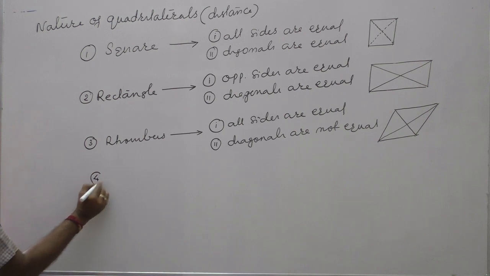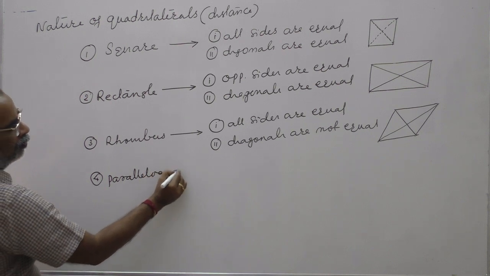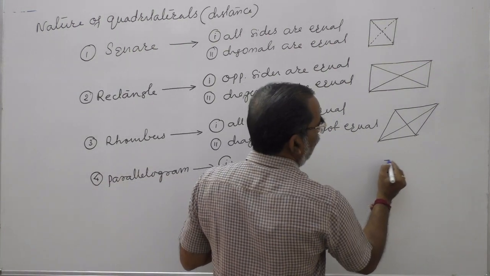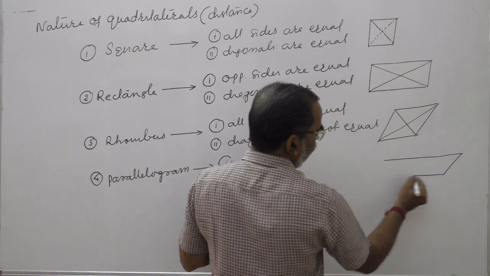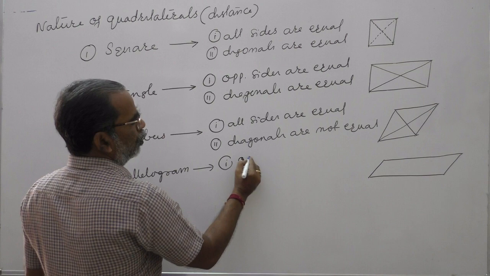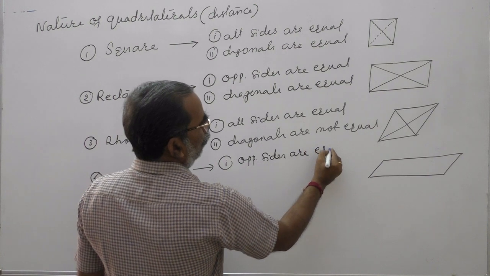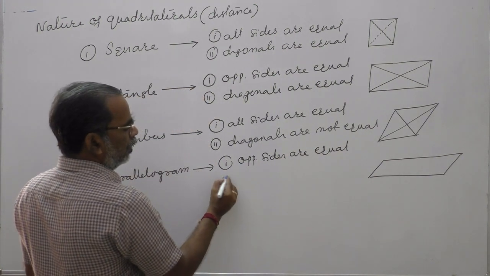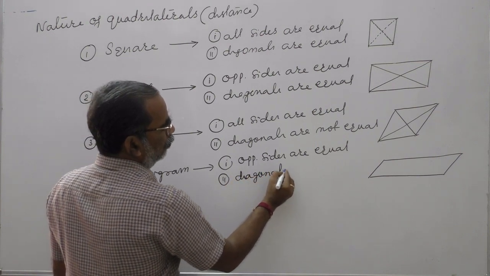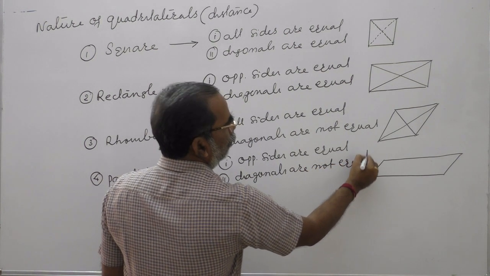So next, number 4, a parallelogram. What is a parallelogram? This figure is a parallelogram. Here also all sides are not equal, only opposite sides are equal, and diagonals are also not equal.